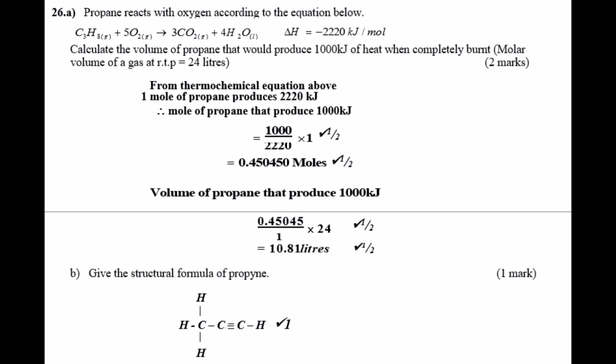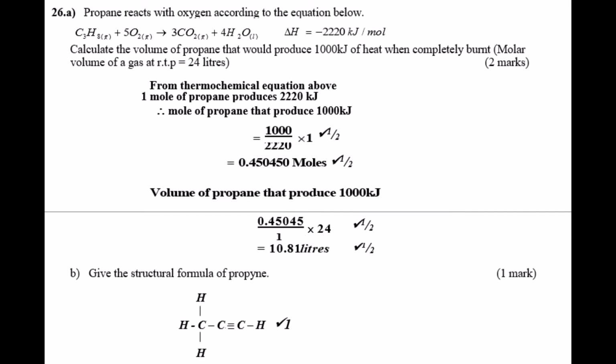Question number 26. You have the equation on propane. The thermochemical equation was given, and then we are supposed to calculate the volume of propane that gives us 1,000 kilojoules of heat. From that equation, it means 1 mole of propane, when burnt, gives us 2,220 kilojoules. So you need to ask yourself what amount of propane will give us 1,000.